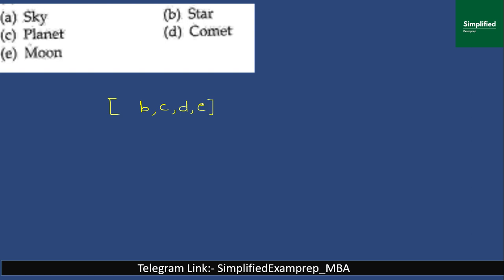Now see here, B, C, D, E, all these are celestial bodies, but sky is not a celestial body. That means it doesn't follow that specific rule followed by the other elements of the group. So what is our correct answer? Our correct answer is sky.